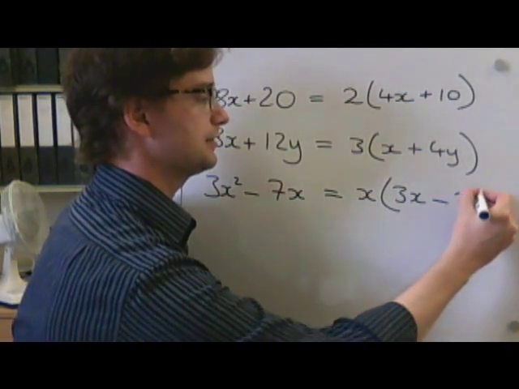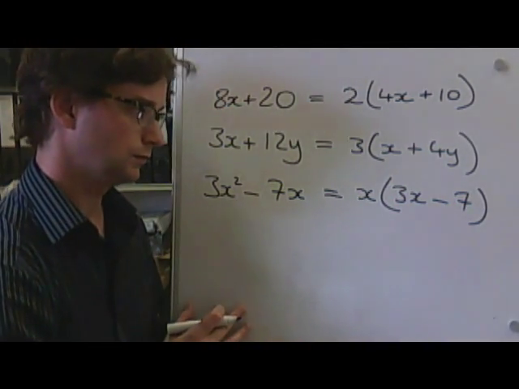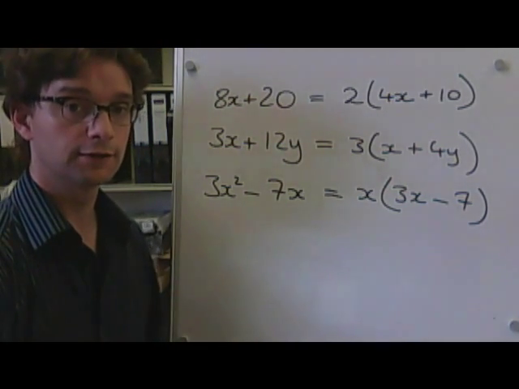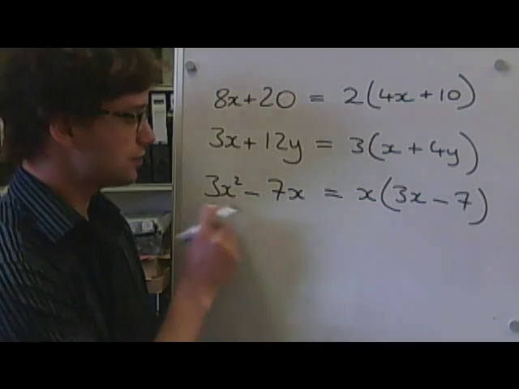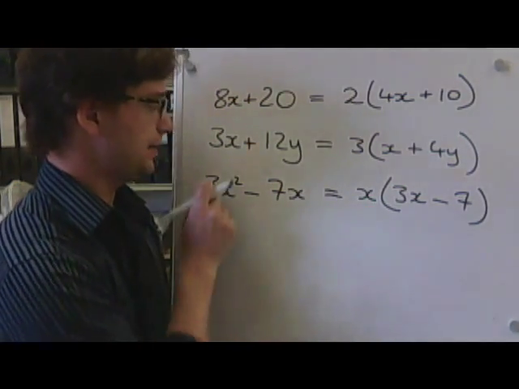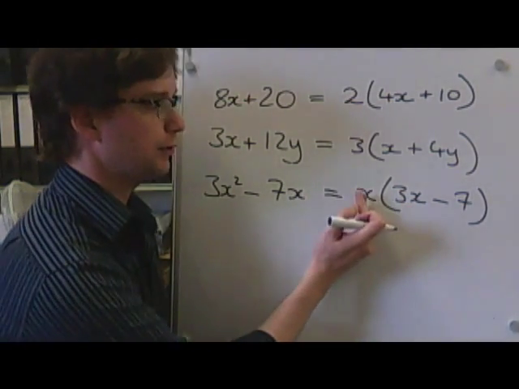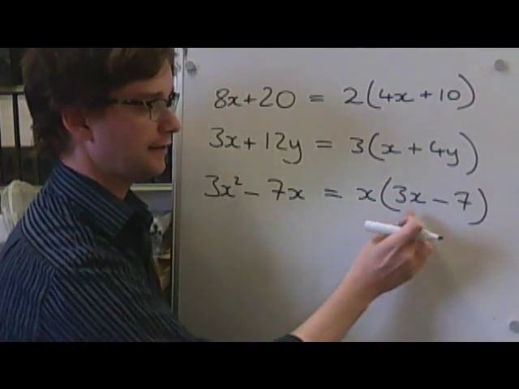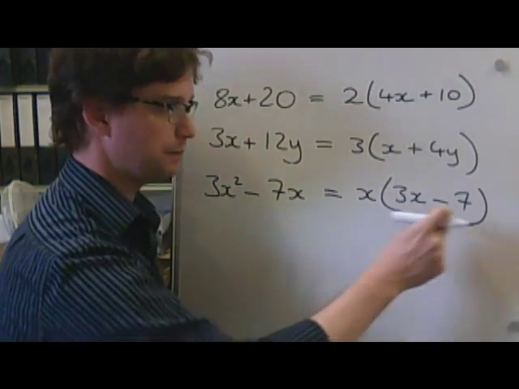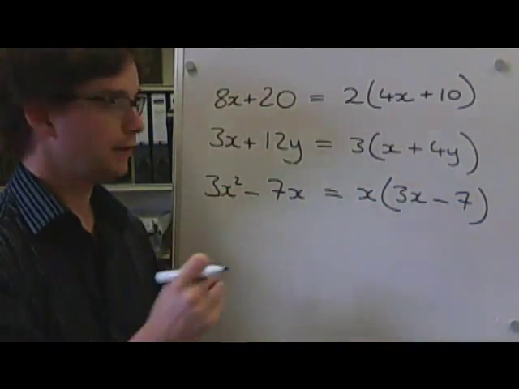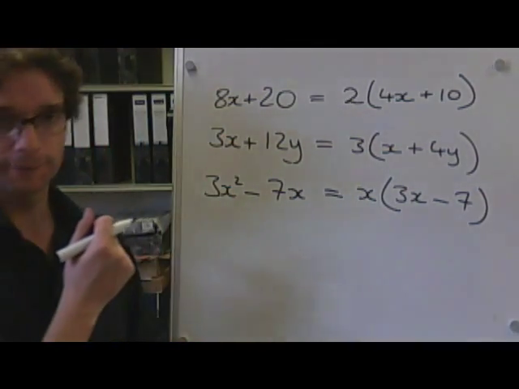Well, I think it's minus 7. All I'm doing here is spotting that you can get something into both bits. When you spot something, you pull it out to the front, create a bracket, and then fill in what's needed bit by bit to make the multiplying out work.